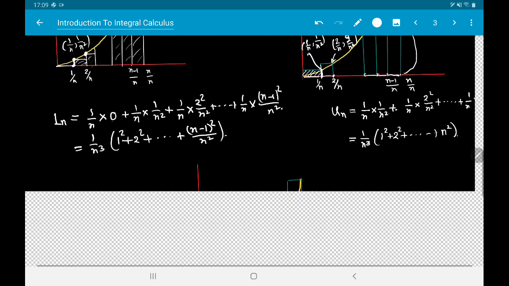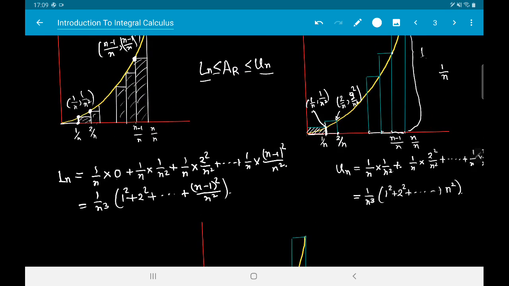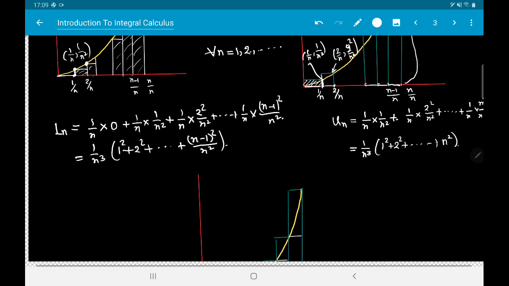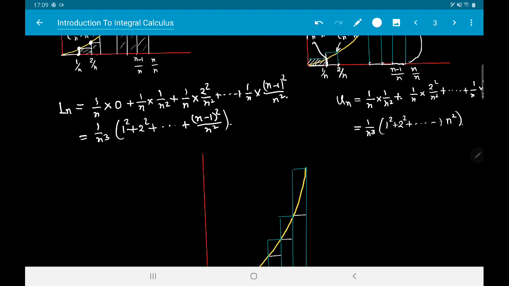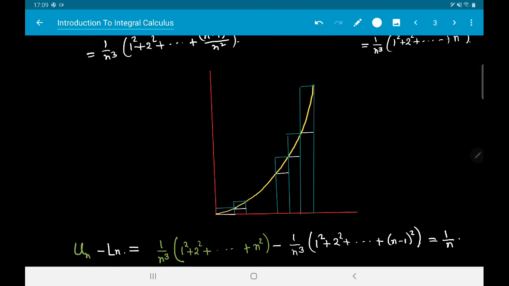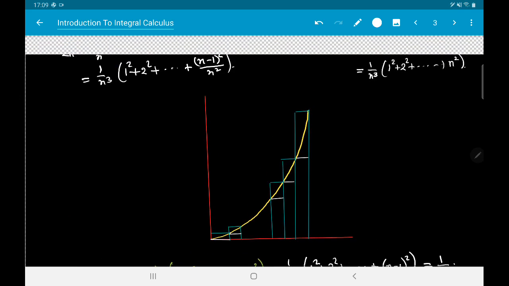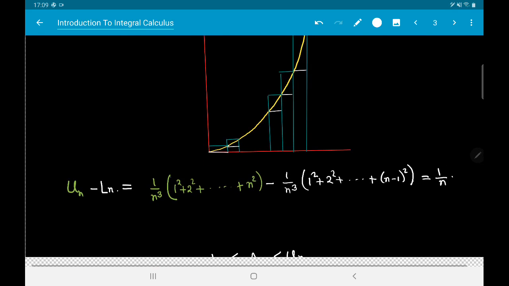Let me now go forward, and the point that I want to make before going forward is that this is true for all n. You take any natural number, 1, 2, etc., this is going to be true. Now some of you might already be understanding where I am going with this, but first let me see what I can do with these numbers.